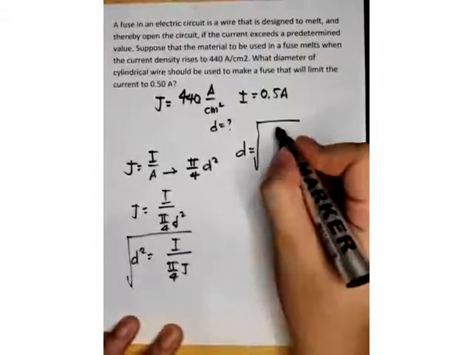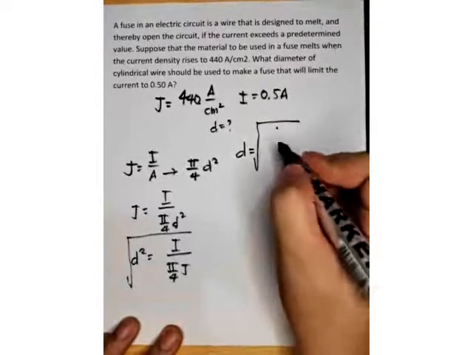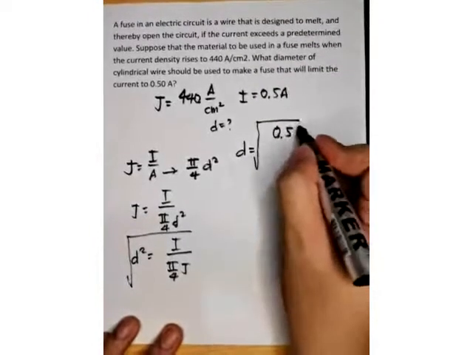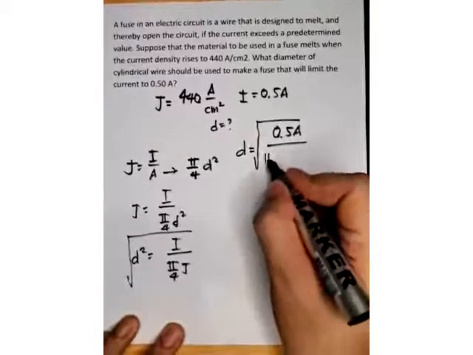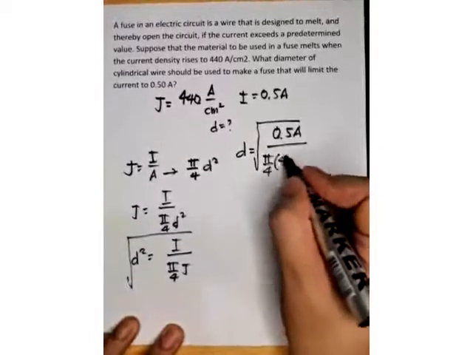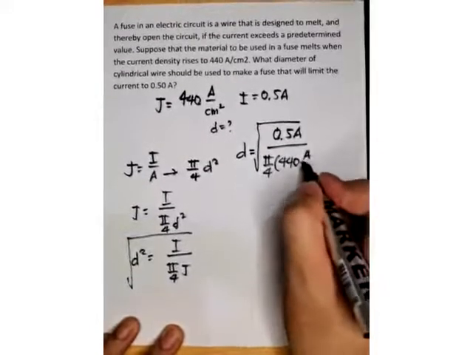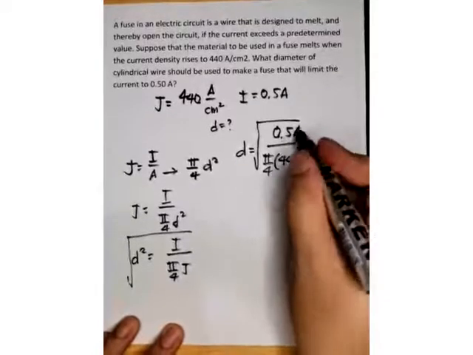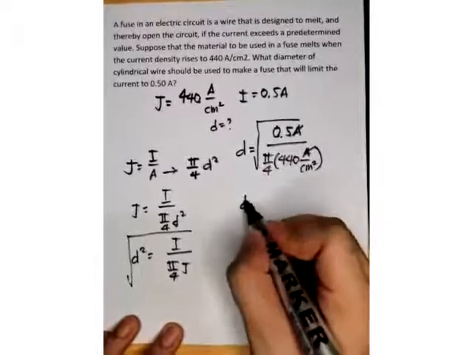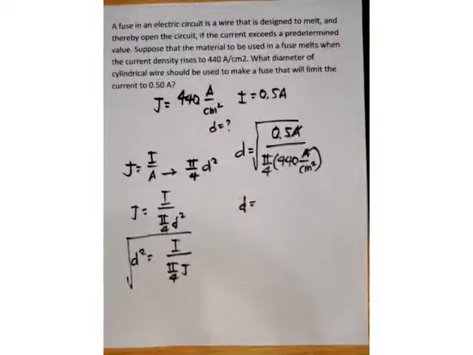So, d then is equal to the square root of, what's I? I is 0.5 ampere over pi over 4 times 440 ampere per cm squared. Cancel natin yung ampere. Tapos hindi ko na kinonvert, so ibig sabihin ang sagot natin ay naka-cm na. Hindi naka-meter, so naka-cm.